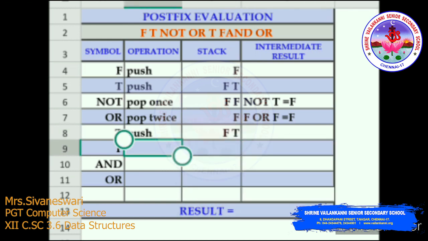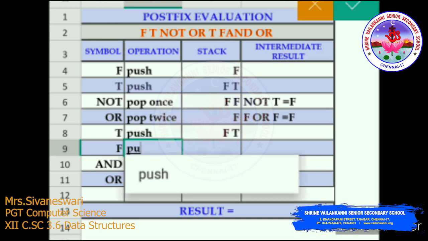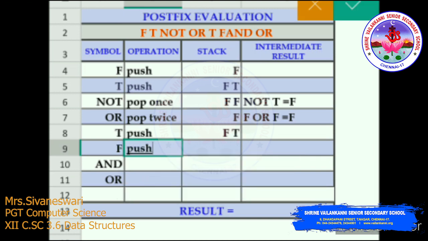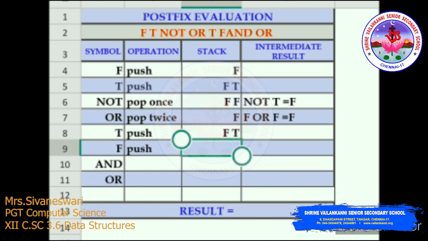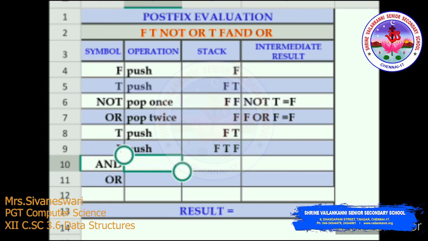Once again there is an F which is an operand, so push operation happens. So we have F, T and then one more F. Next is an AND operator, so pop twice.